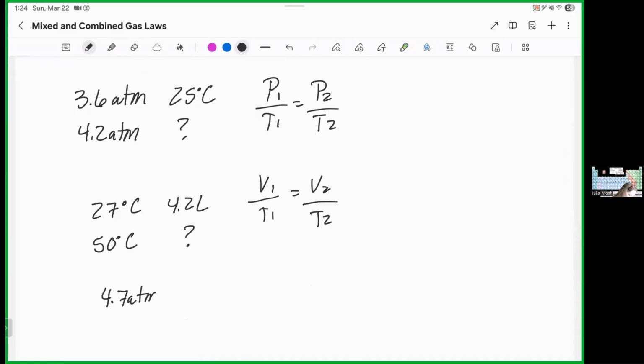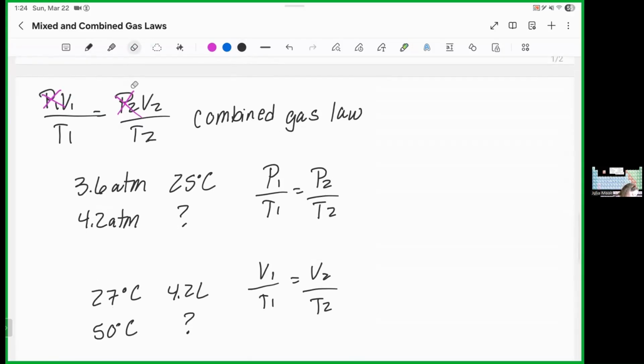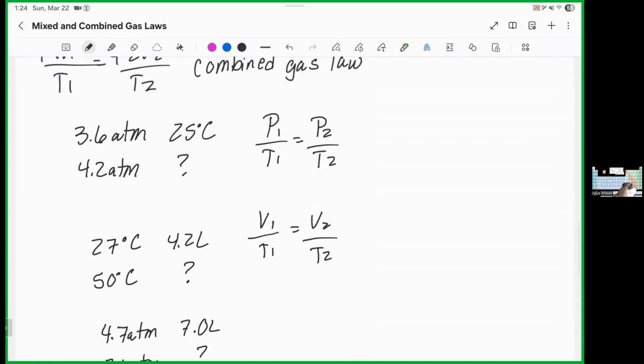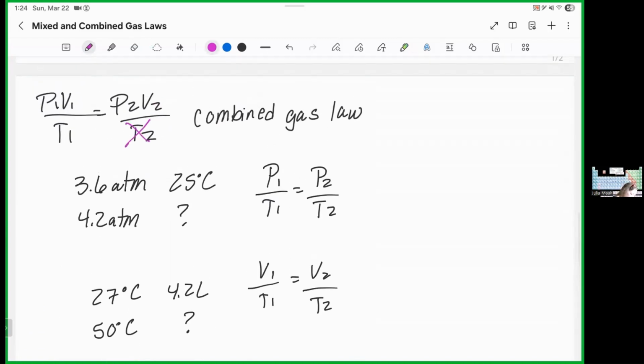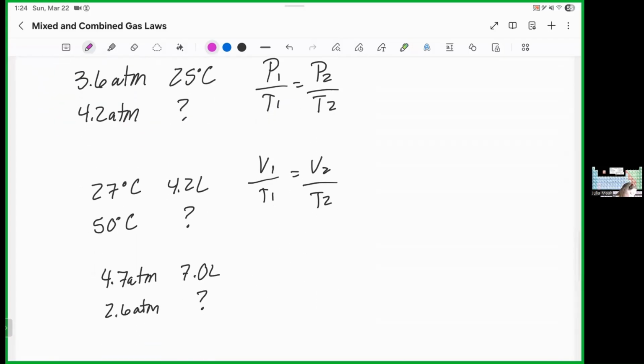What if I had 4.7 atm and 7.0 liters, and here I have 2.6 atm, and I'm asking you about the other liter? In this case, I didn't say anything about my temperature, so temperature was held constant. We can get rid of it, and we get Boyle's law.